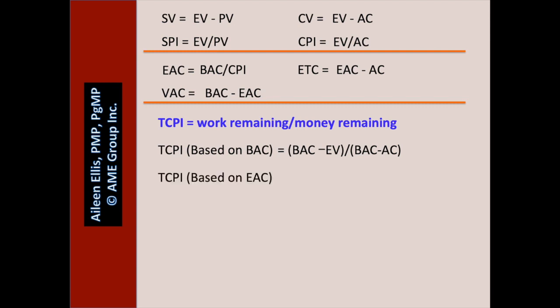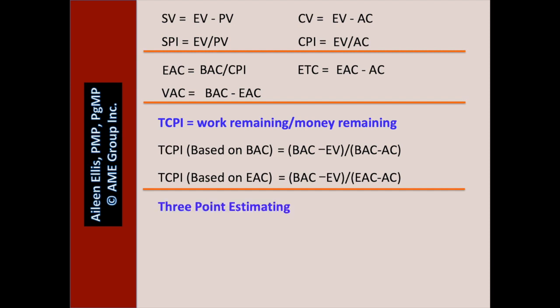A different way they could ask the question, what is the TCPI assuming you're getting your full EAC? Again, it's work remaining, BAC minus EV, but since we're getting our full EAC, money remaining changes to EAC minus AC. I would think of these two as a grouping.